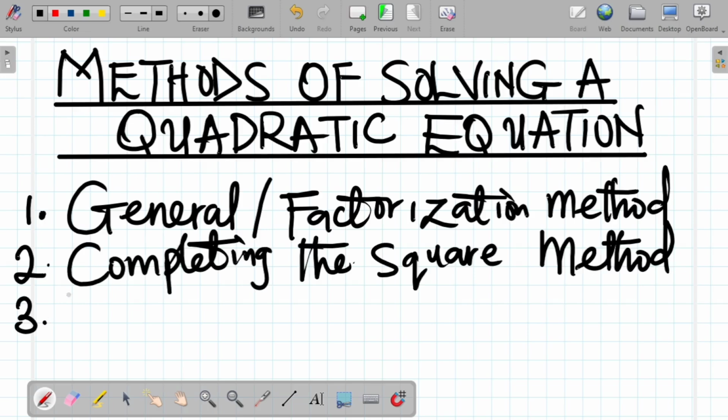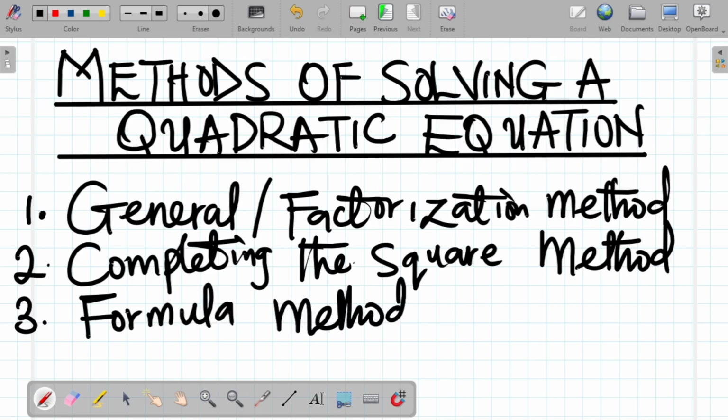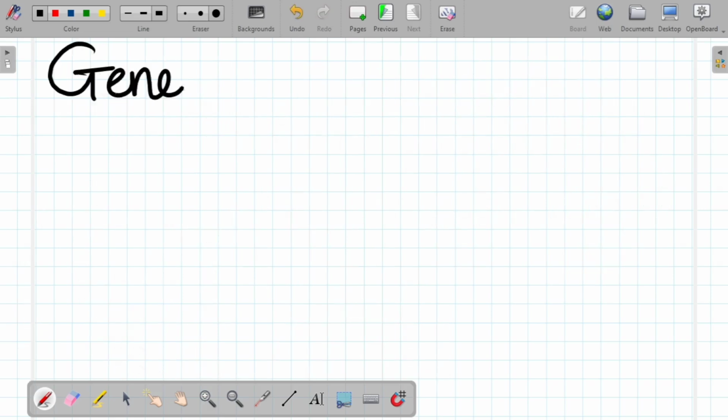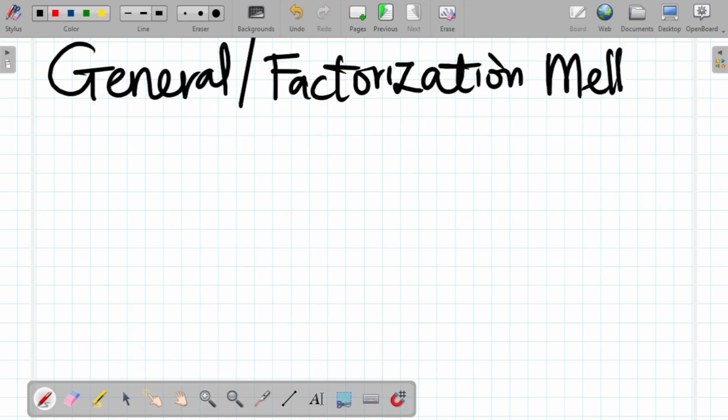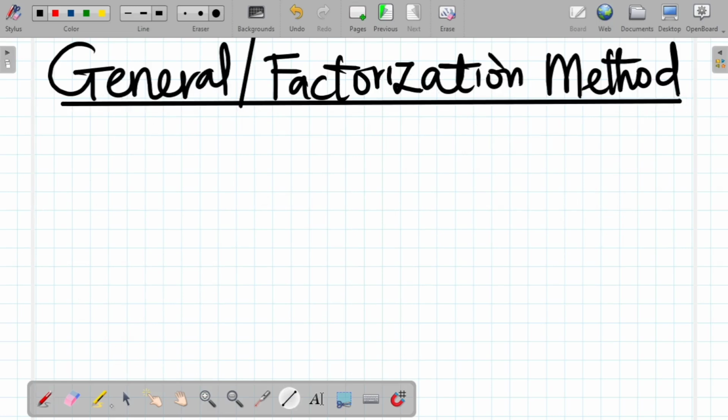Thirdly, we have the formula method. And then the fourth method is known as the graphical method.